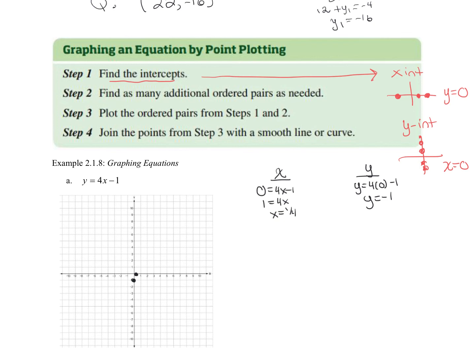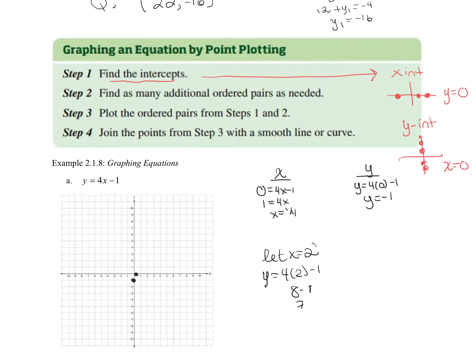So I've done step 1. I found the intercepts. Step 2 is find additional ordered pairs as needed. Plot the points. I've done part of that. And then I'm going to find another ordered pair or 2. If we look at our graph, maybe we want to know what happens when x equals 2. You can pick any point you want. If I let x equal 2, I get y equals 4 times 2 minus 1, which is 8 minus 1, which is 7.